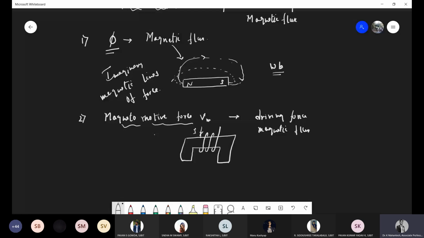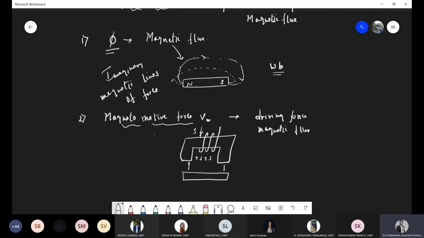So if you have a current carrying conductor like this, this conductor will produce a magnetic flux, either a push or a pull force. Correct? Now if I try to bring another metal piece here, it experiences a push or pull depending upon the direction of current.